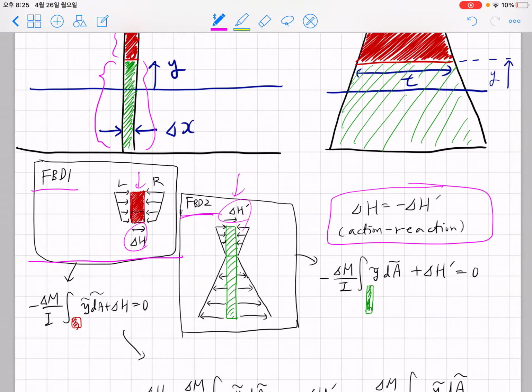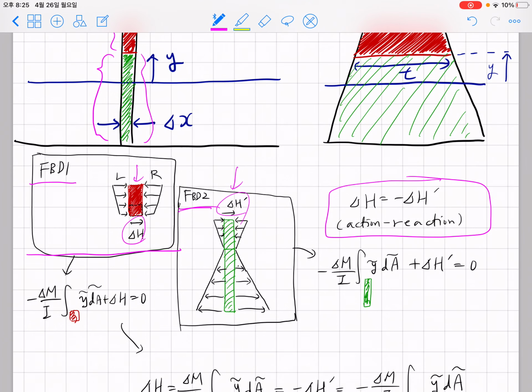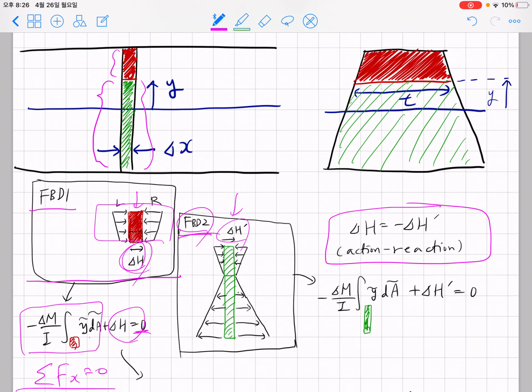Okay, so here when you consider the force equilibrium in x direction, you have left and right hand side force from this flexure formula. You have the force from bottom, and they must be summed up to be 0. And for the second free body diagram, I draw this kind of free body diagram.